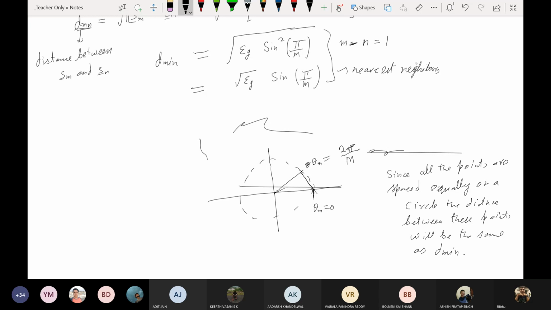Now if I drop a perpendicular from the center, or I draw a perpendicular bisector for this line, for large enough M, this line will be approximately root Eg.